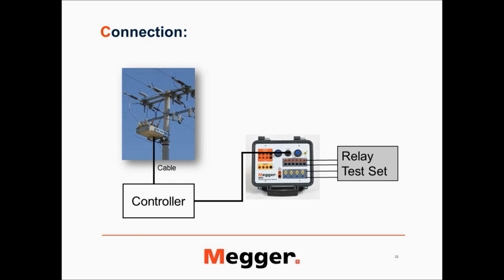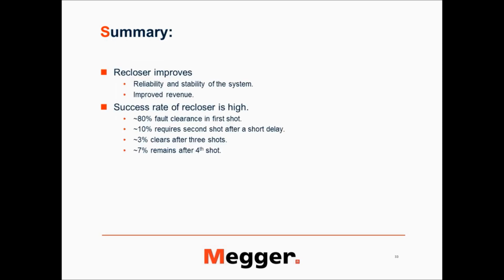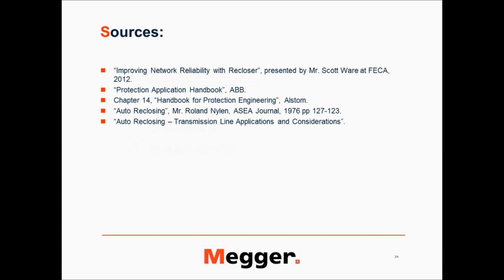So in summary, what we have seen so far is reclosers definitely will improve the reliability and the stability of your system, and indirectly, it also increases your revenue because your downtime is low. Again, I just want to remind you that not all faults are permanent faults.